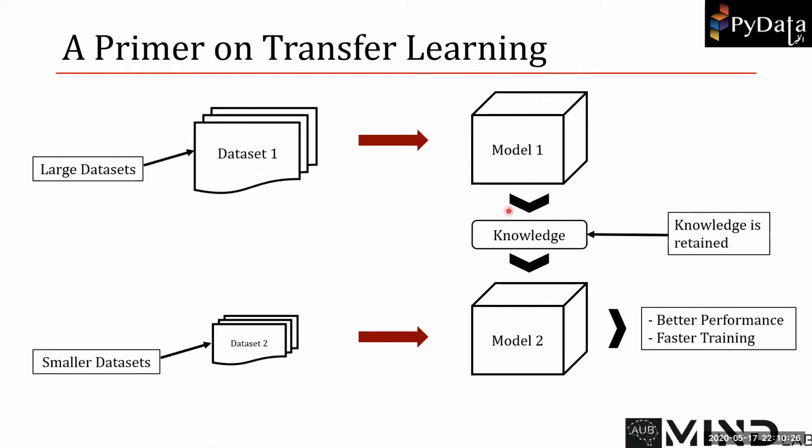You can also think about it as if model 2's weights were initialized from model 1. So model 1 will have to be a general model, or a model that was trained on a similar task to model 2, so that this knowledge can be transferred from model 1 to model 2.